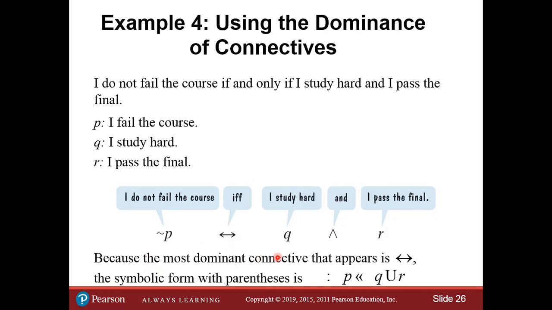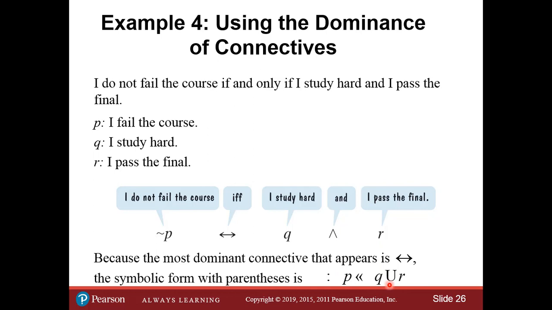Because the most dominant connective is this, the symbolic form in parentheses is going to be what? P, and then you have Q, and this is wrong. Yeah, this would be P implies Q. This is not correct.